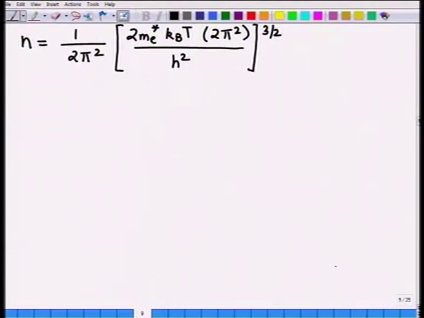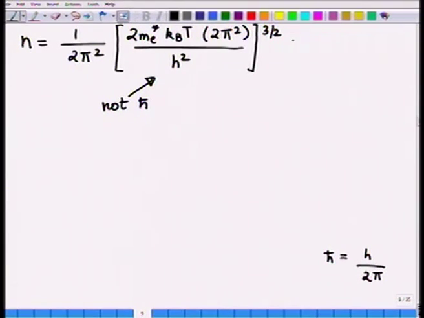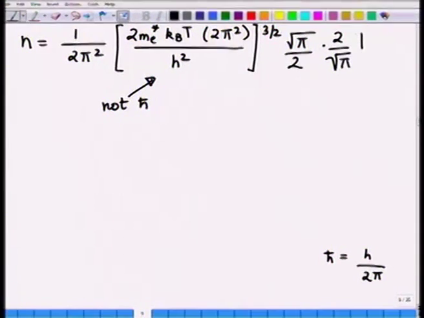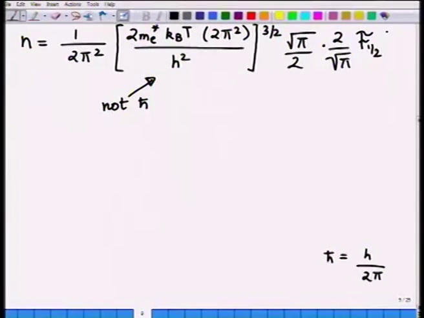Remember, h bar is equal to h by 2 pi. So, this is not h bar anymore, it is h now. And I will put now a factor root pi by 2, and then also I will multiply by 2 by root pi, Fermi-Dirac integral of order half.